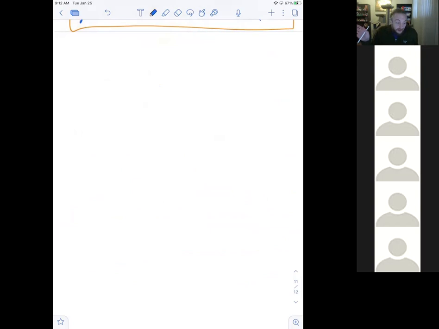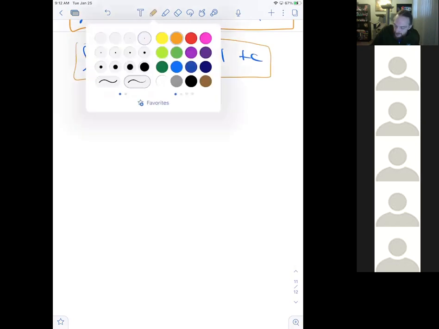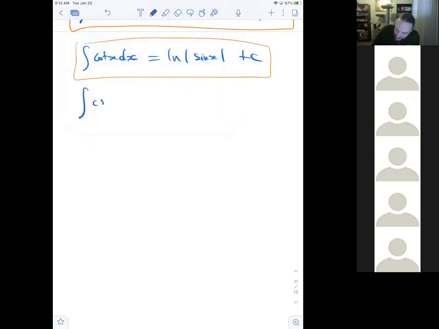But for cotangent, the integral of cotan x dx, you use substitution rule again, because cotangent is cos over sine. You're going to get the natural log of the absolute value of sine x plus c. And the integral of cosecant x dx is equal to the natural log of cosecant x minus cotan x plus c.